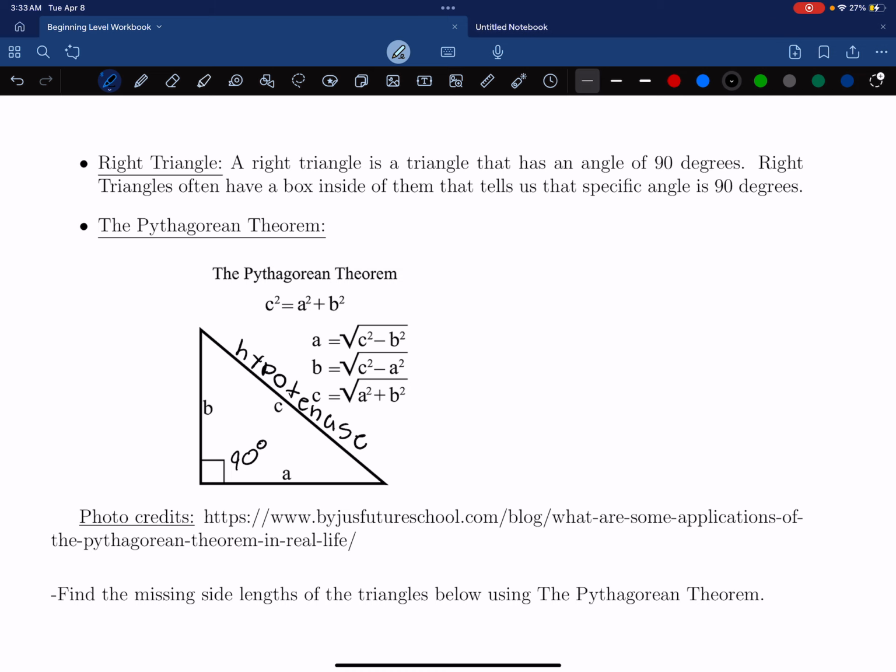Hypotenuse, pronounced hypotenuse. Whenever I say the word hypotenuse, I mean this length C of a triangle. And it just so happens that the hypotenuse is always across from this 90-degree angle that we have here in a right triangle.